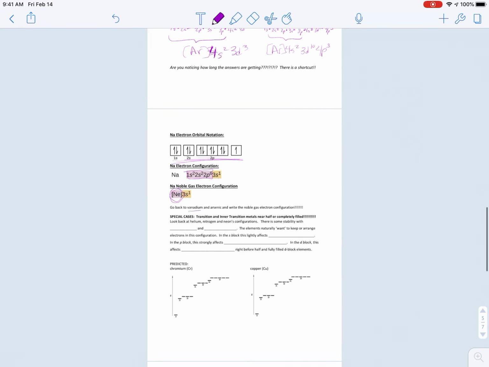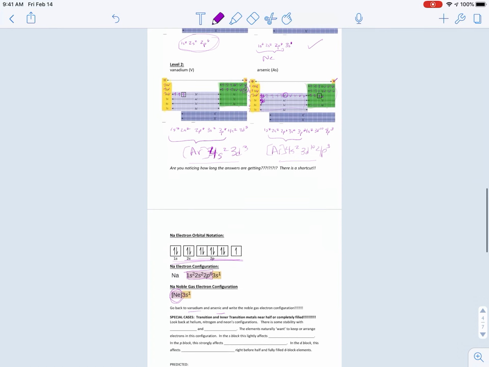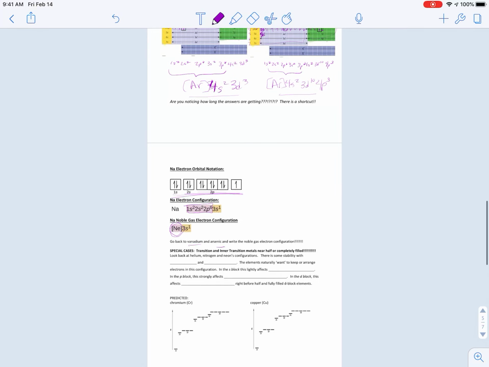Okay, so if we look at vanadium and arsenic, and we do the noble gas configuration, that's what these ones are right here. We're going to talk about something that does happen. We've got vanadium and he's all super cool in there, but we have two exceptions you need to know about. Two of the columns in the transition metals do funny things right here.